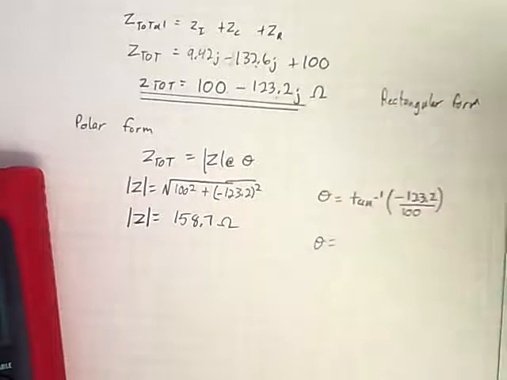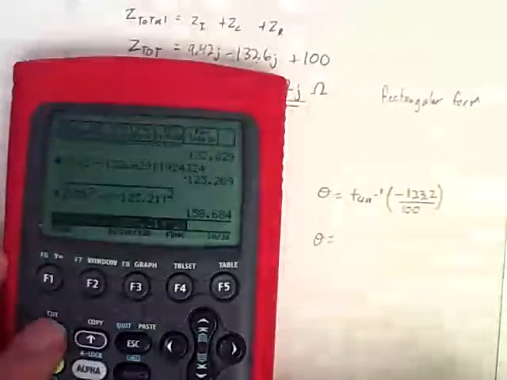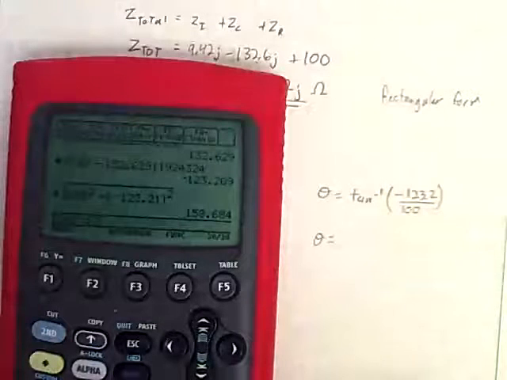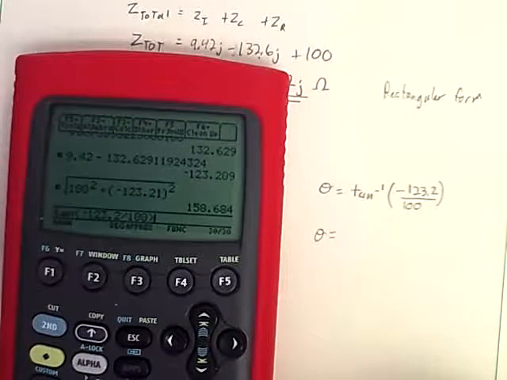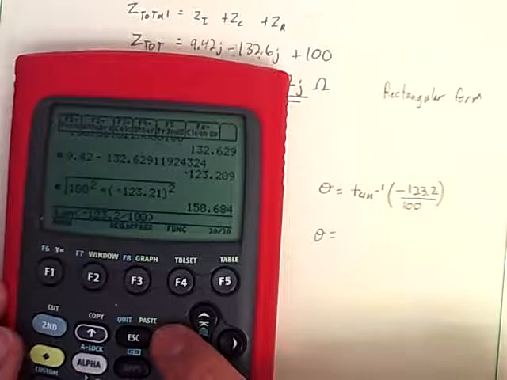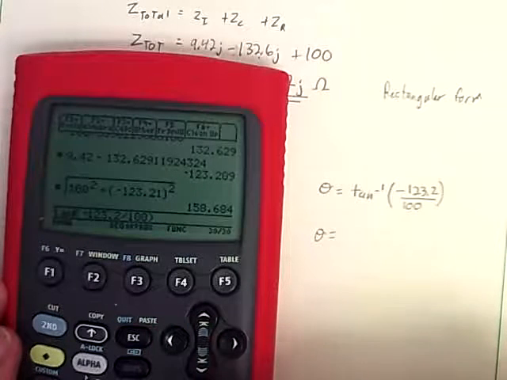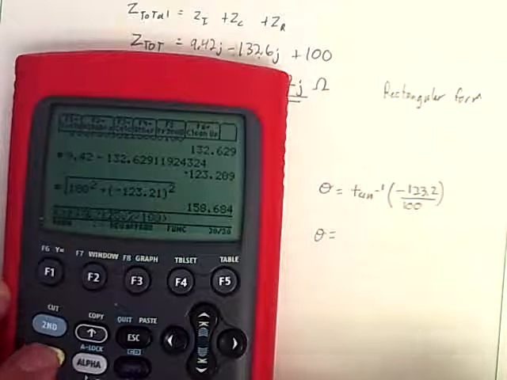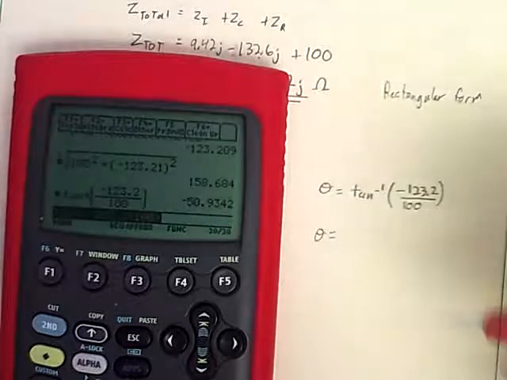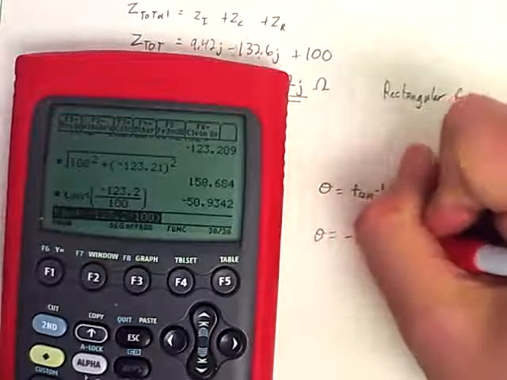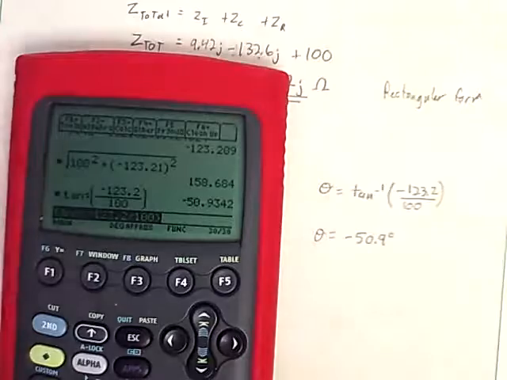So theta is tan inverse of negative 123.2 divided by 100. There we go, tan inverse. So it's negative 50.9 degrees.